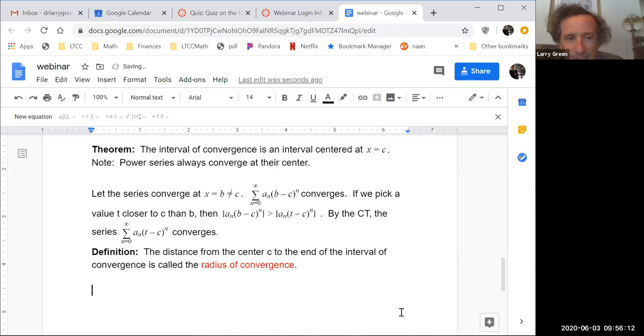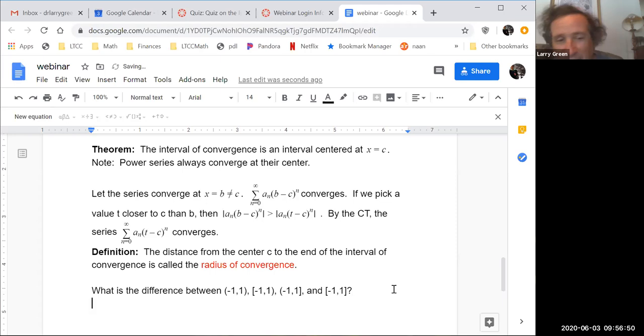So see if you can tell me, what is the difference between, say, (-1,1), [-1,1), (-1,1], and [-1,1].